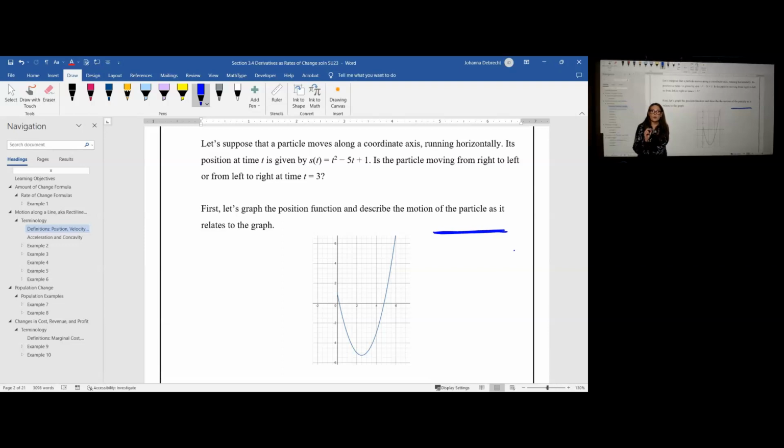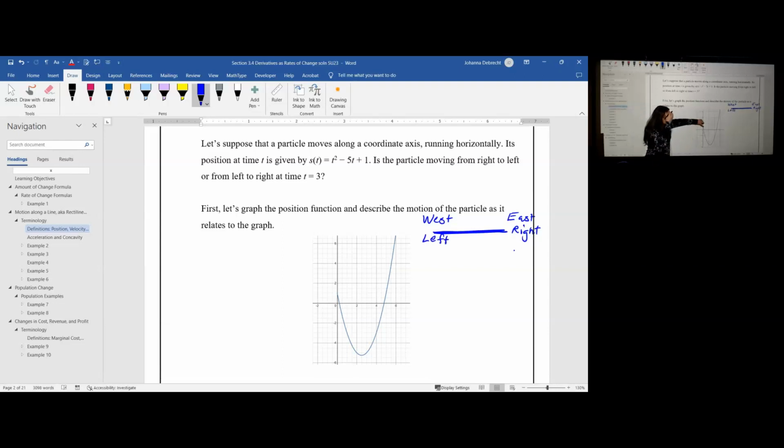How can we describe where it is in relation to Denver? Denver is going to be, in essence, the x-axis. Denver is our starting point. If the position has a y-coordinate of 0, it's in the heart of Denver. If the graph is shown above the x-axis, it must be on the positive side of Denver. As we look at our graph here, we're going to call this direction east or right, and we're going to call this direction west or left.